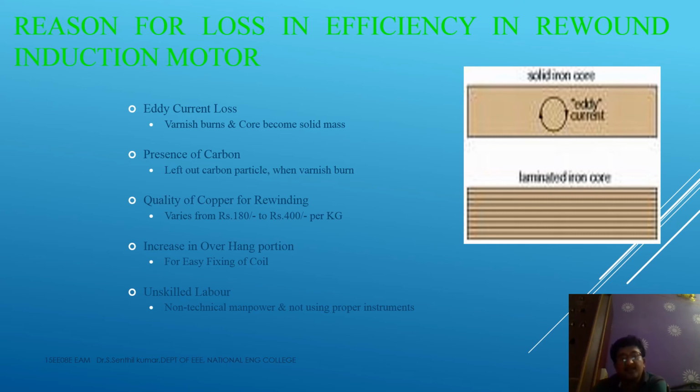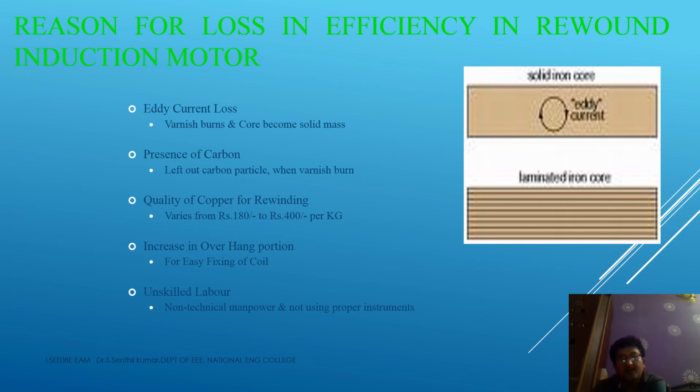Eddy current losses happen when the varnish burnout makes the core a solid mass, and due to the presence of carbon, which comes from left out carbon particles during the burnout. Another is the quality of the copper used for rewinding, which depends on cost, varying from rupees 400 to 800 per kg.